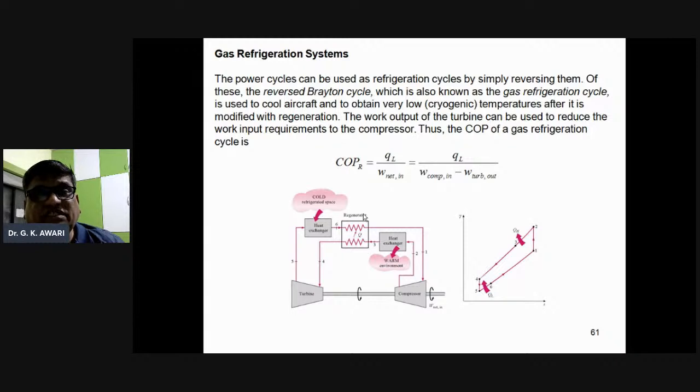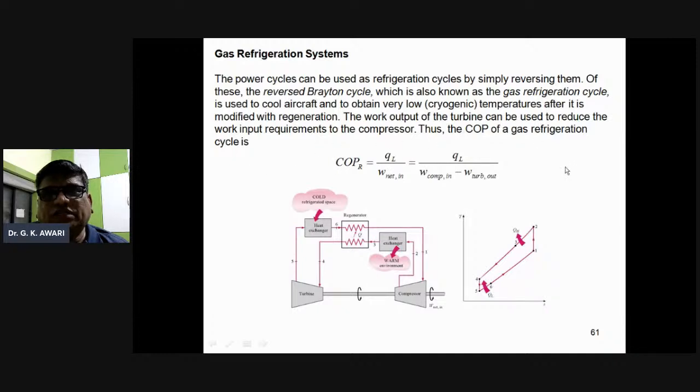Gas refrigeration system. Here also the COP is given by QL divided by (W compressor minus W turbine). The power cycles can be used as refrigeration cycles by simply reversing them. It works on the reverse Brayton cycle, also known as the gas refrigeration cycle, used to cool aircraft and to obtain very low, cryogenic temperatures after it is modified with regeneration.